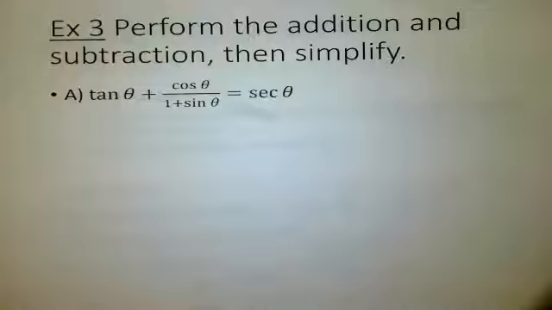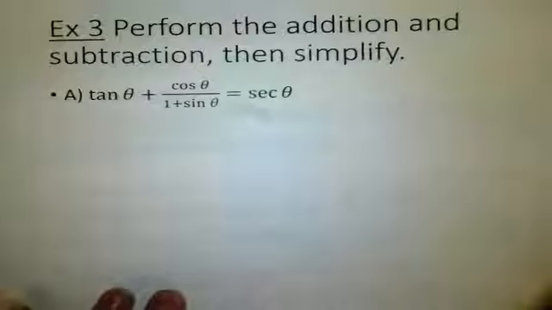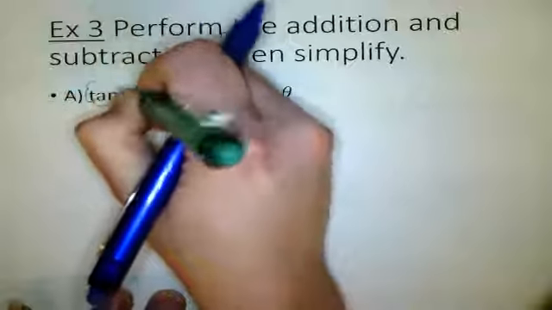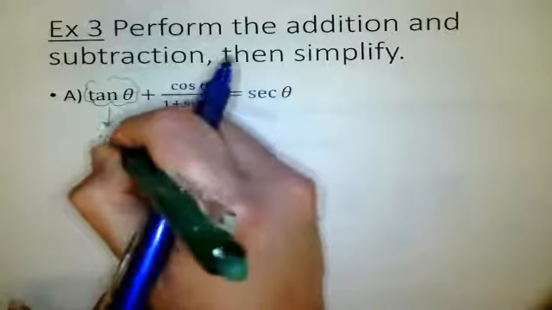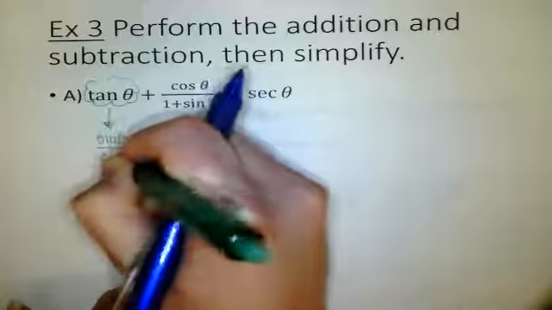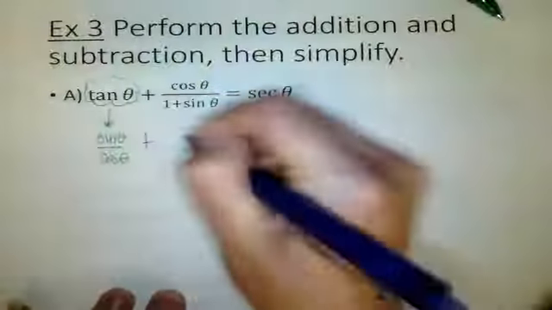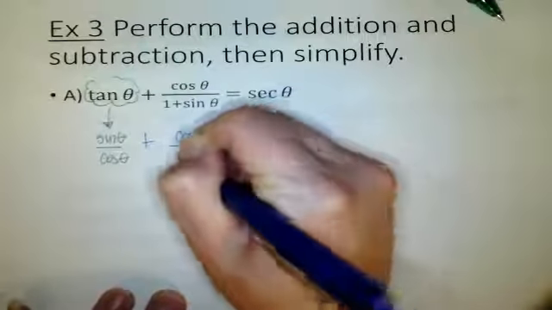What do you think we should do first? Change tangent. Okay, what would you like to change tangent into? Sine theta over cosine theta. Very, very good. Plus cosine theta over 1 plus sine theta.